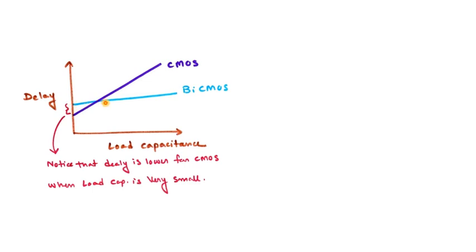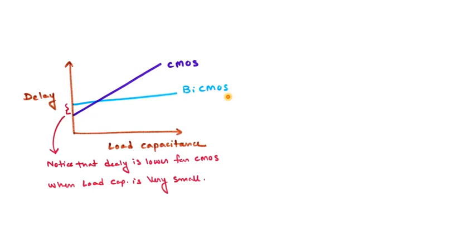However, for higher load capacitance, the total capacitance will be dominated by the output capacitance, and there the BiCMOS logic will show the superior performance. So please remember that for lower load capacitance, the CMOS performance will be better, and for moderate to high load capacitance, the performance of BiCMOS would be better.